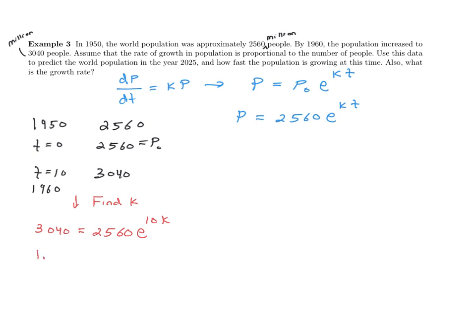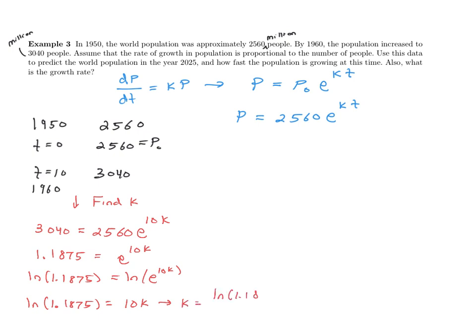I get 1.1875 is equal to e to the 10k, and I'll now take the natural log of both sides. In doing so, the left side is a number, and the right side is just 10k. To solve for k, I can divide both sides by 10. So it's the natural log of 1.1875 all over 10.